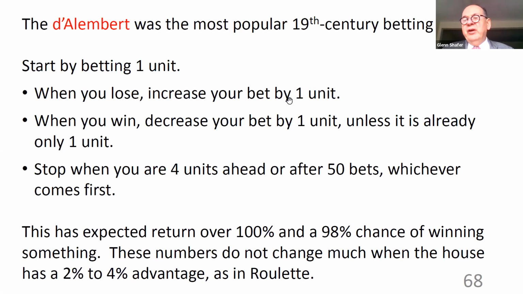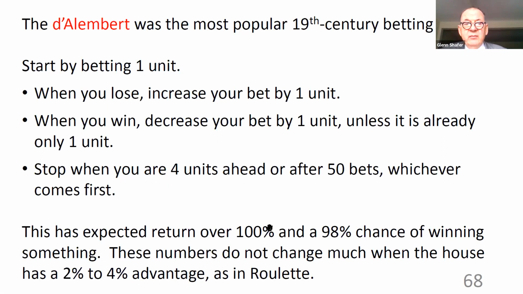When you lose, you increase your bet by a louis. Every time you win, you decrease it by a louis, unless you're back down to 1 louis. You don't go below 1 louis. But if the previous bet was 5 louis and you win, the next one is only 4 louis, and so on. And then you stop when you're 4 louis ahead or after 50 bets, whichever comes first.